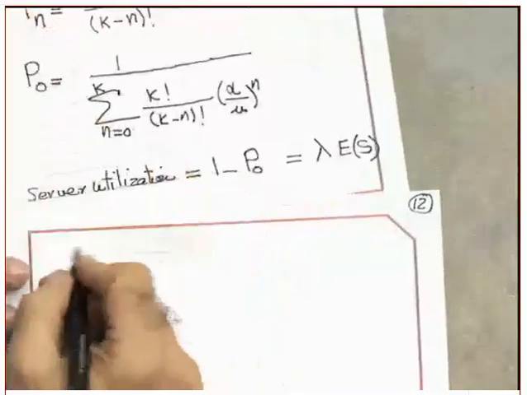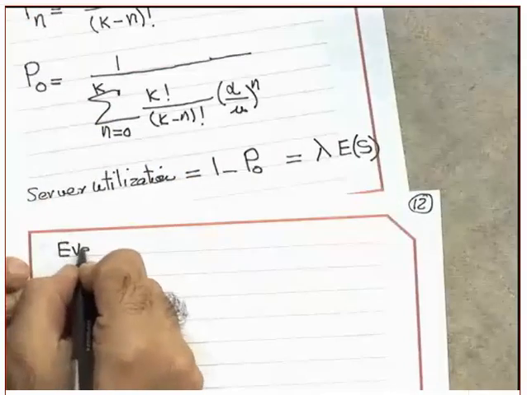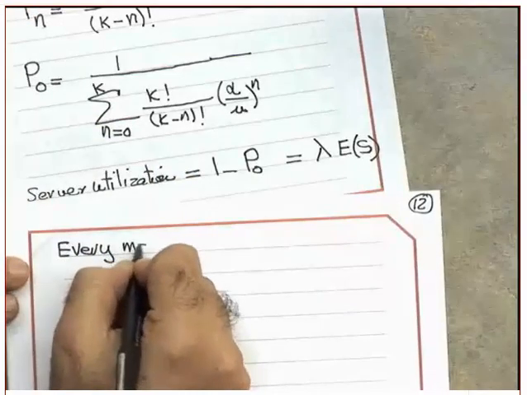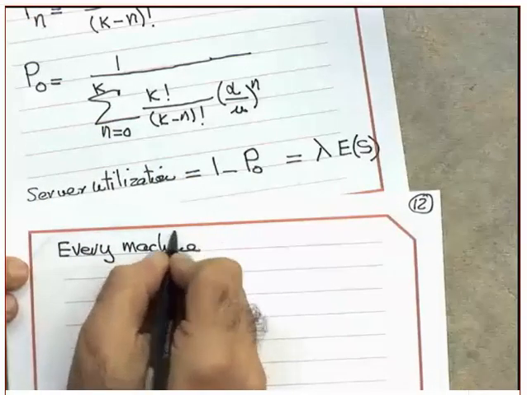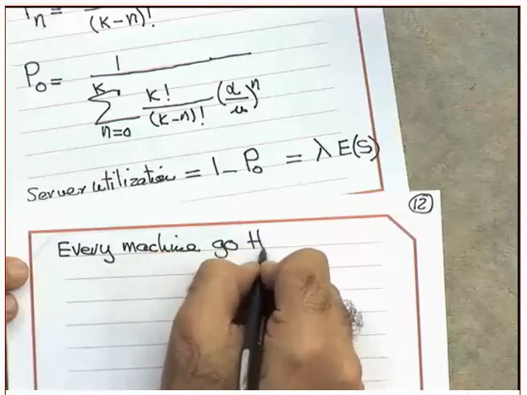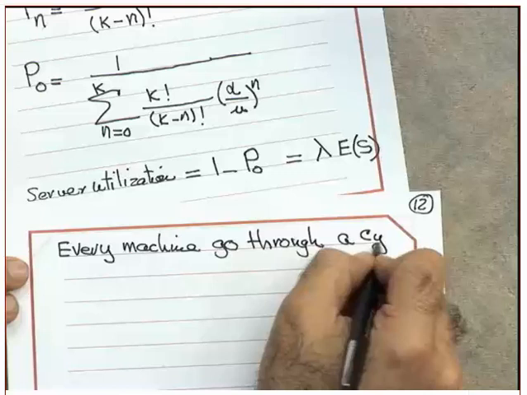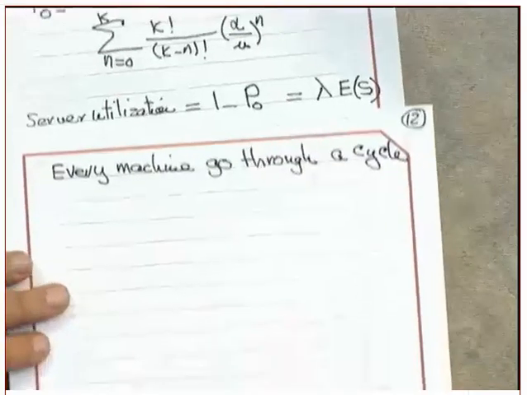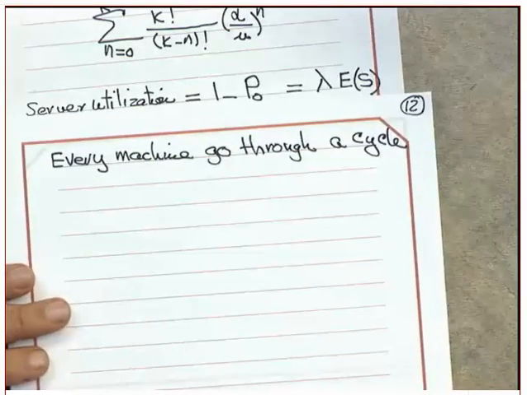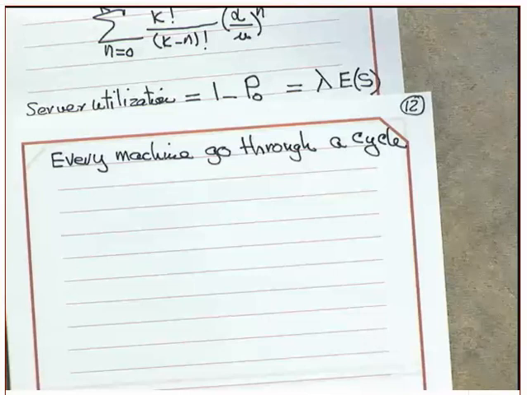Every machine goes through a what? A cycle. What does that cycle consist of?